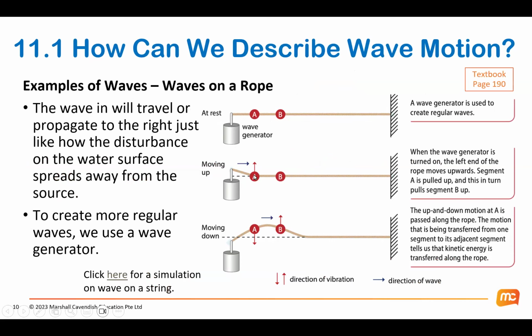As the generator moves up, it pulls along particle A, and particle A will pull along particle B to move up. When the wave generator moves down, particle A is pulled downwards, and B will also be pulled downwards. So it forms a series of up and down motion, which is known as your wave.